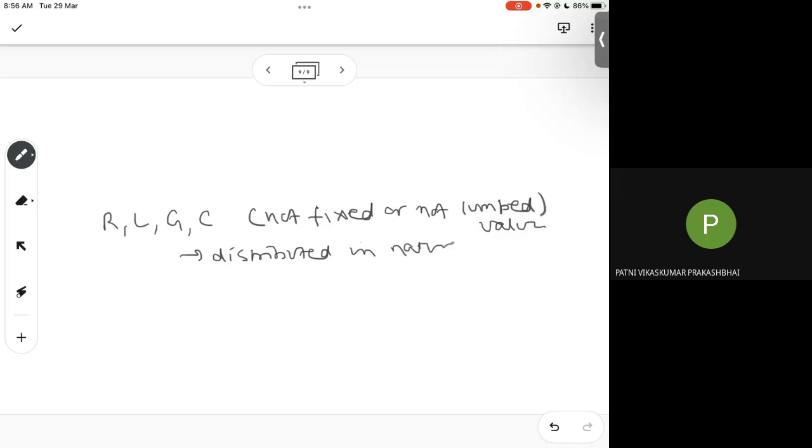Suppose I'm measuring the resistance at point A, it may have a different value. At B, it may have a different value. At C, at D, again different, because the length will be there, because of which there could be delay and phase. So everything would change. Here we say they are distributed in nature.